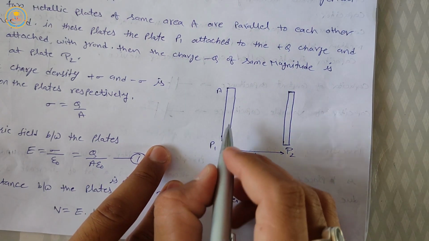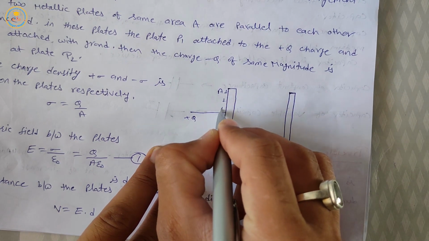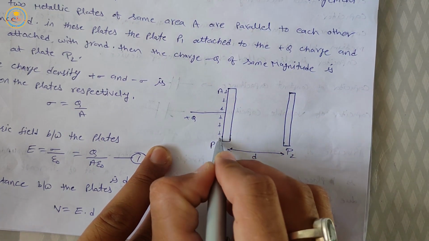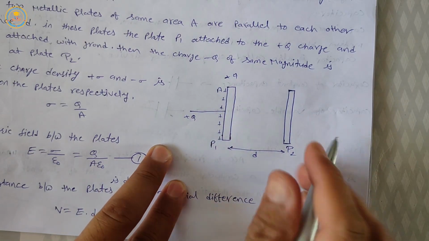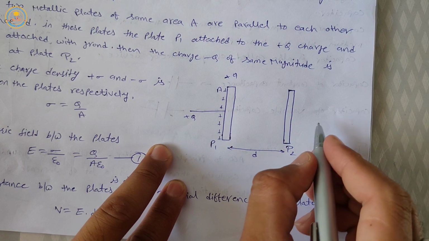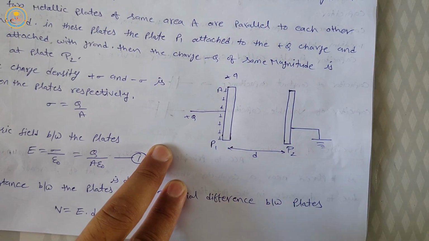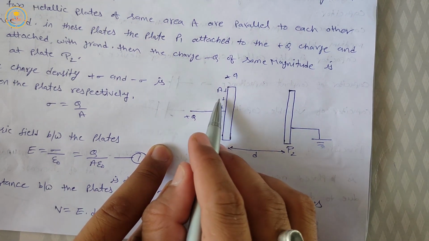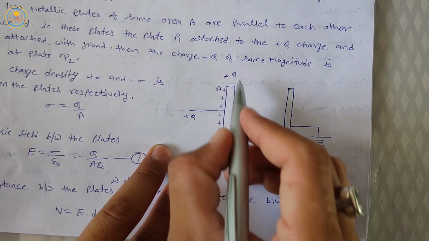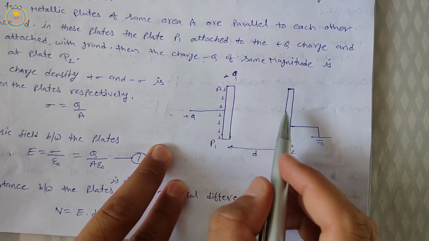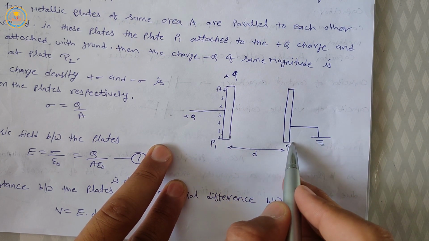Now plate P1 is attached to plus Q charge, so plus Q charge is spread out on the surface of this plate. Okay, and plate P2 is attached to the ground like this. Due to plate P1, charge is induced on plate P2. At the inner part, negative charge will be induced, and at the outer part, positive charge will be induced.